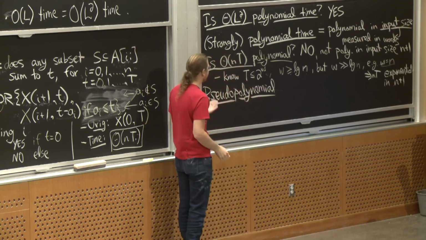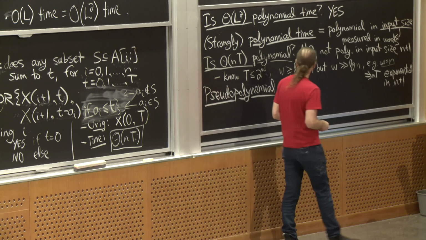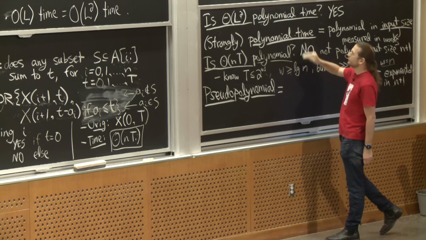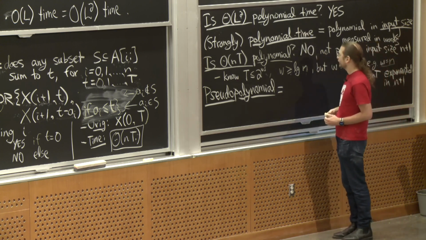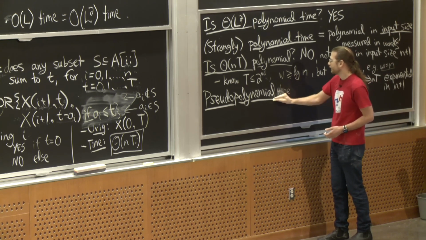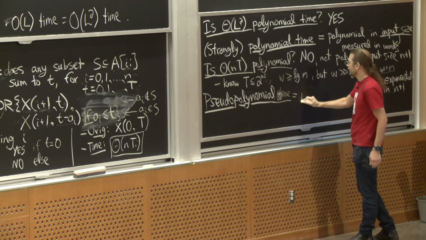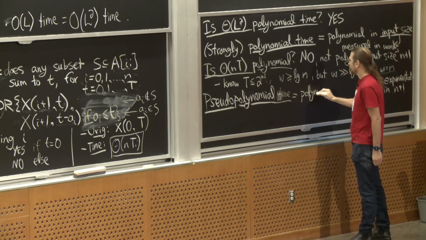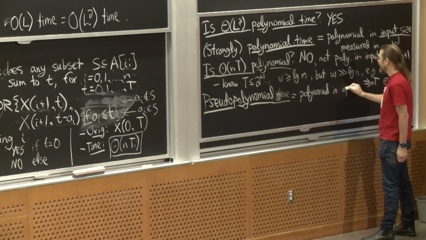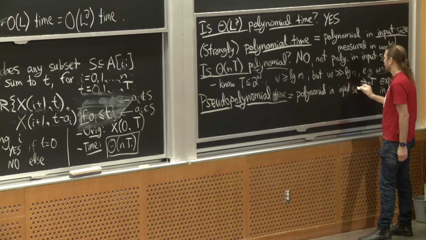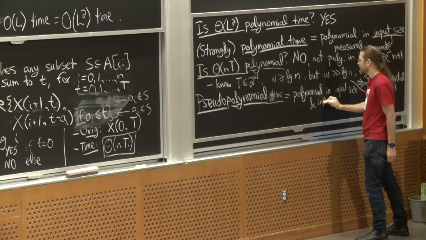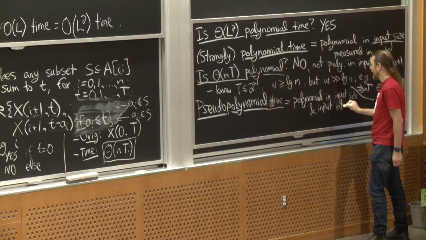It's not the best term, but it's the established term. It's like polynomial, but not quite. And the definition of this term: we had the definition of strongly polynomial time. Now, pseudopolynomial time, and you can measure other things with pseudopolynomial, is that we're polynomial in the input size, just like before, and the input numbers, the input integers.